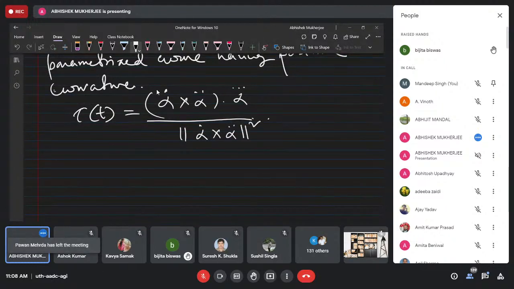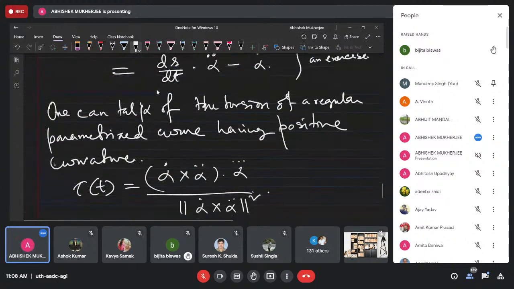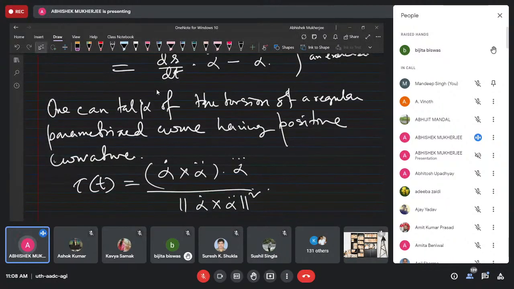I think it is okay. So using these expressions, you can evaluate the curvature and torsion for a very interesting curve, which is the circular helix.